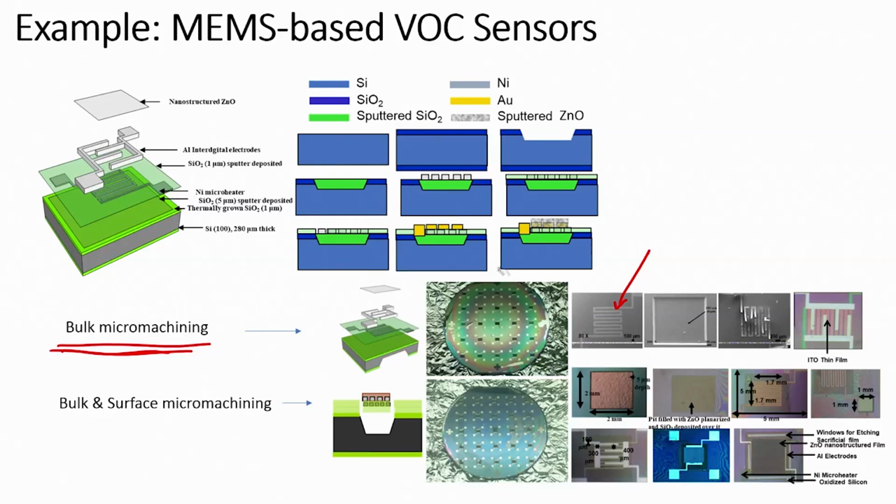We have done this etching using bulk micromachining, this etching on the back side to create a diaphragm. You can see here in the form of a pit. This heater is made using nickel.